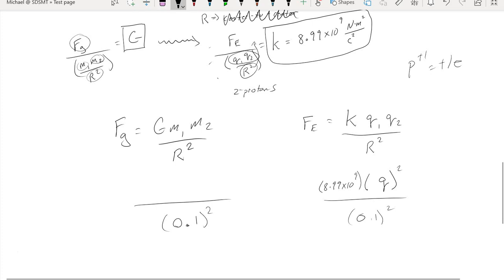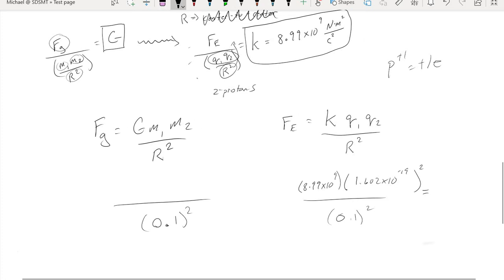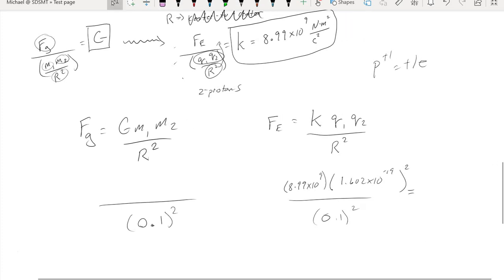So we can put that in there. I'll need to make myself a little bit of extra room there. 1.602 times 10 to the minus 19, quantity squared. So there's the electric force that is present between the two protons.